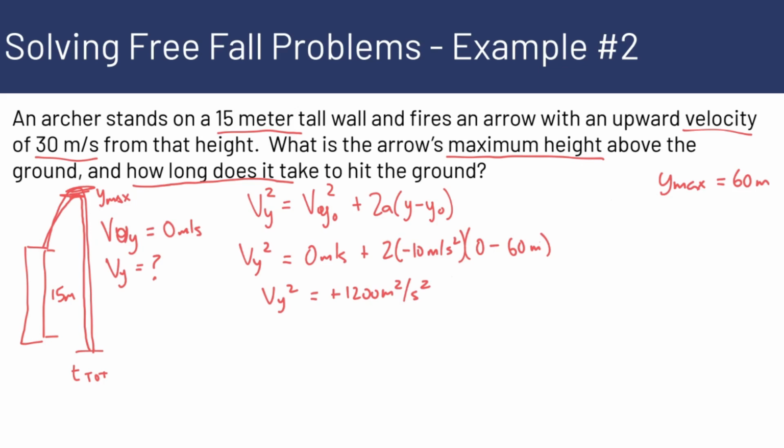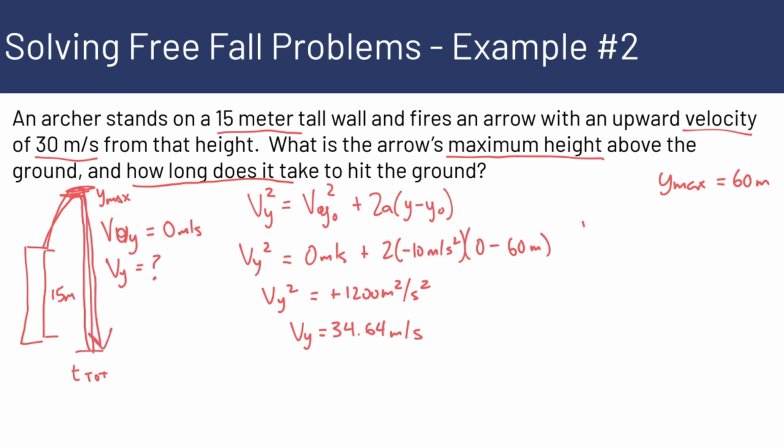So if we take the square root of both sides, we end up with vy is equal to 34.64 meters per second. Okay, so now we have that. This is the velocity that the arrow reaches from the maximum height down to the ground.